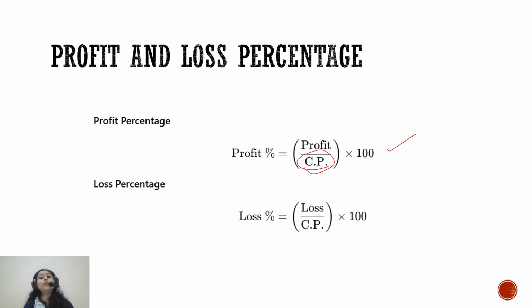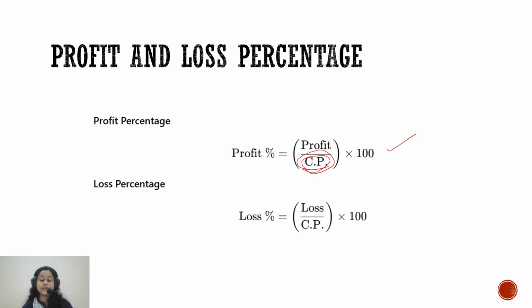So always remember that profit percentage or loss percentage will always be calculated based on cost price, not selling price, because it shows what additional you are gaining over and above the cost price by selling the item.